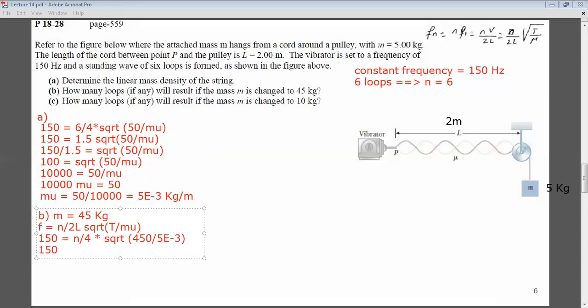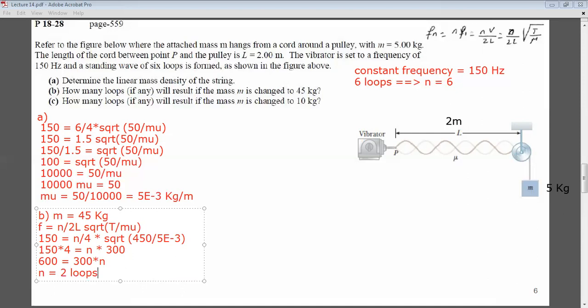And now I have 150 times 4 equals n times the square root of 450 divided by 5 e to the minus 3. Using the calculator, I get 300 times n. 150 times 4 is 600, equal to 300 times n. So n is equal to 600 over 300, which is 2 loops.